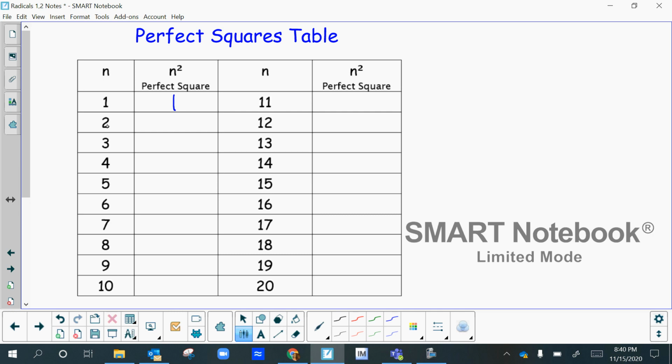And the perfect square for 2 would be 4. We say that it's a perfect square because when we take the square root, or radical 4, it takes us to 2. So this one would be 9, this one would be 16, 25. All of these you mostly know.